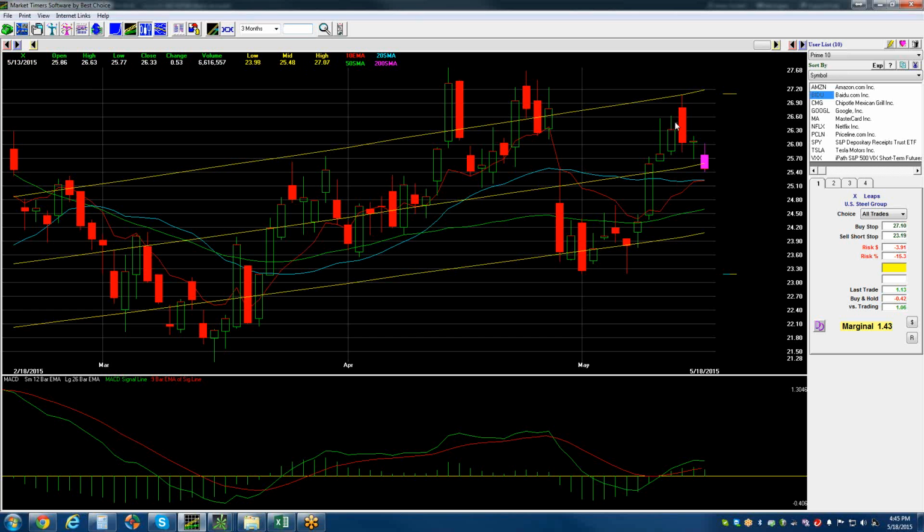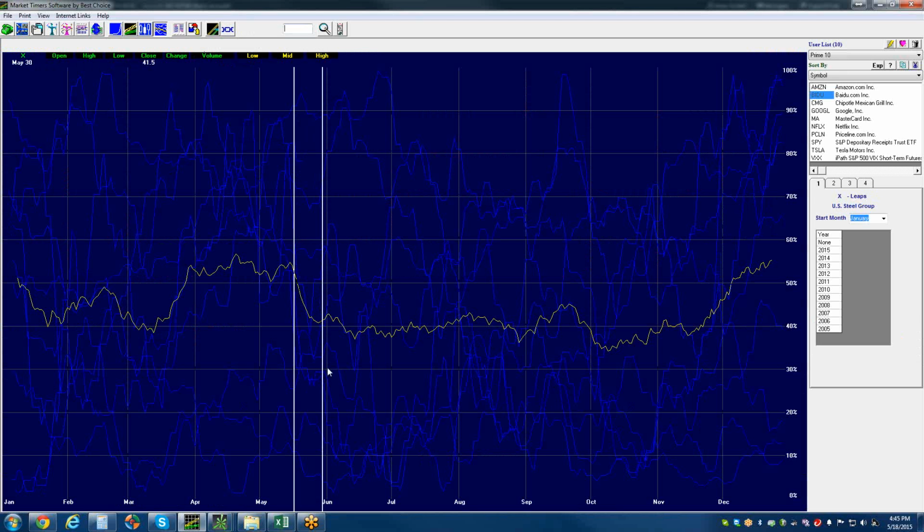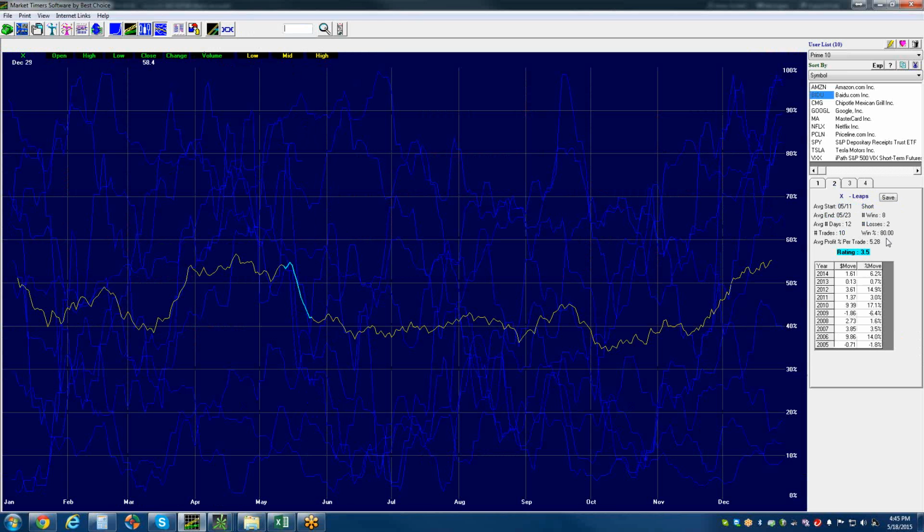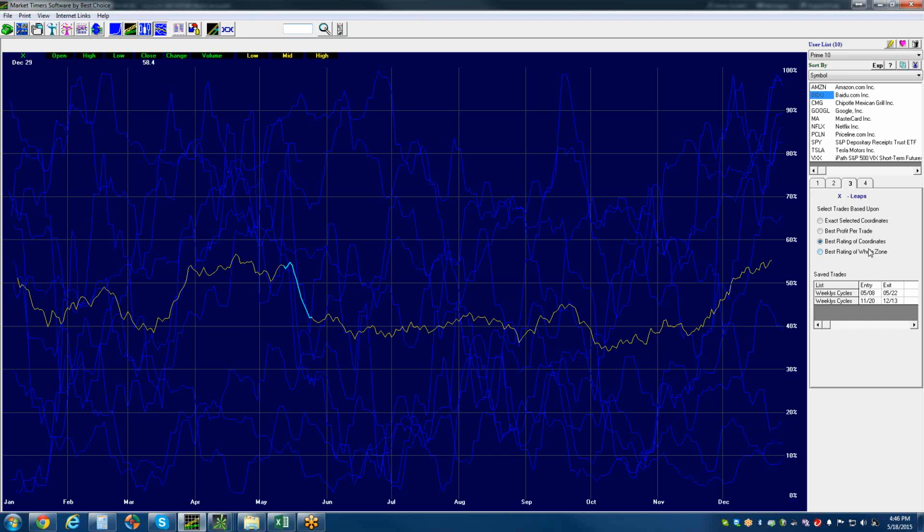That's been filled. So there are three indications here that this thing should continue to go down. I have a half cyan hash mark for the swing trading program, 75% probability it's going to go down tomorrow. And I got a seasonal 80% probability that it's going to go down. And that's using, I believe, best trading of coordinates. Okay? So that's X.